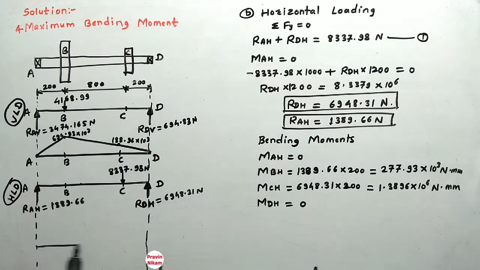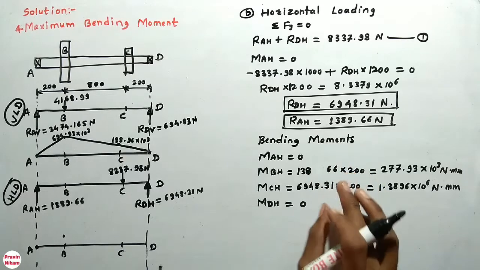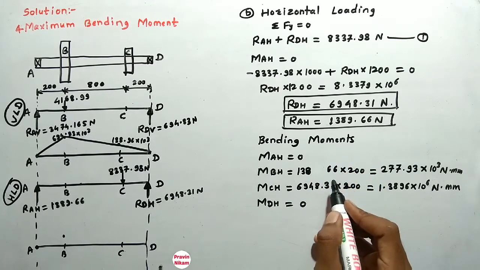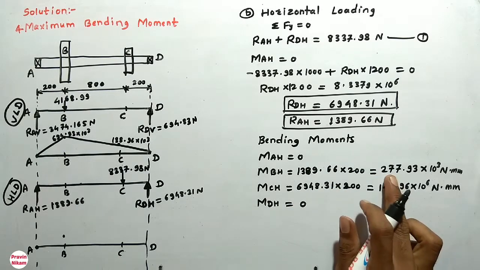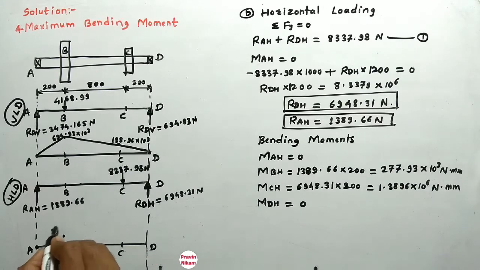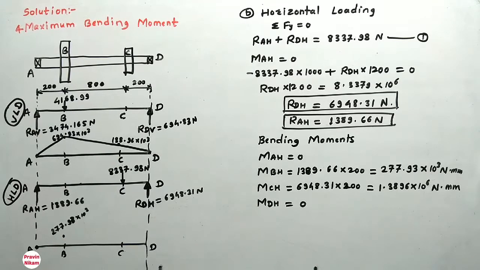Now let us draw the horizontal bending moment diagram. Horizontal BMD. So MAH is 0. This is point B, this is C, this is D. MBH is 277.93 into 10 raised to 3.